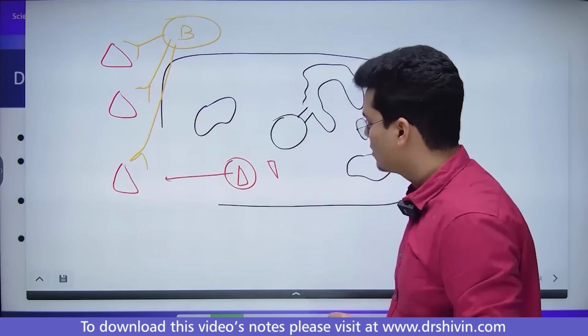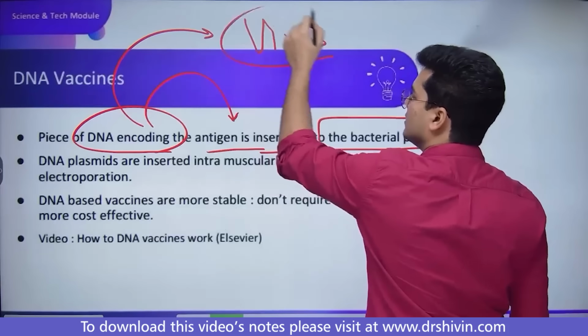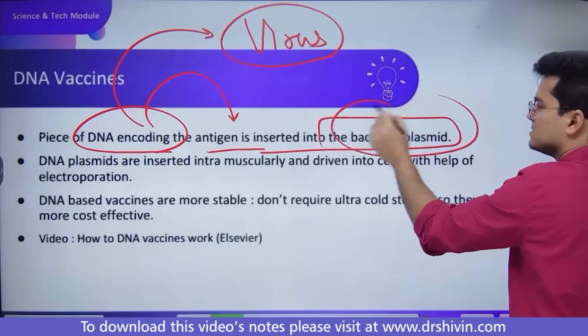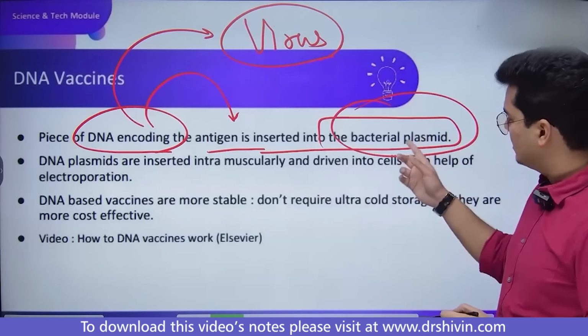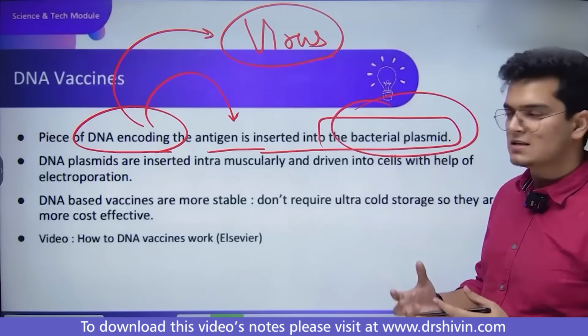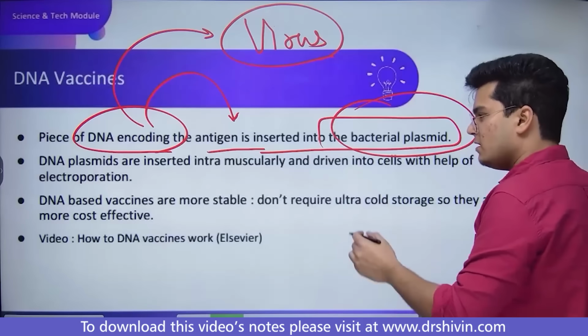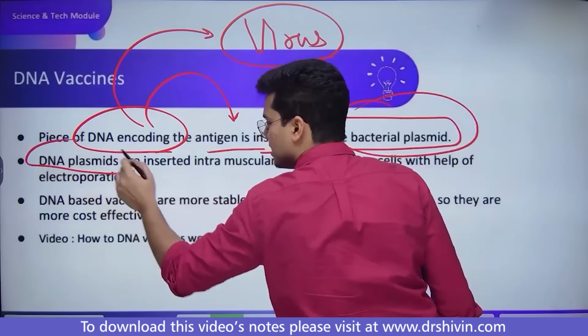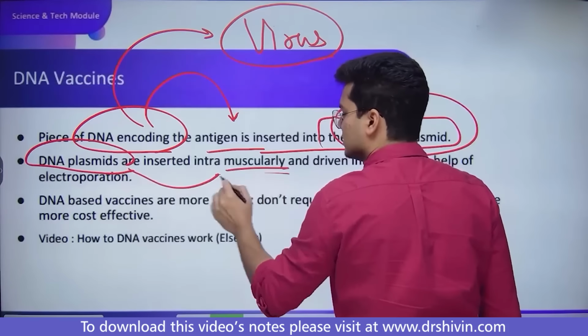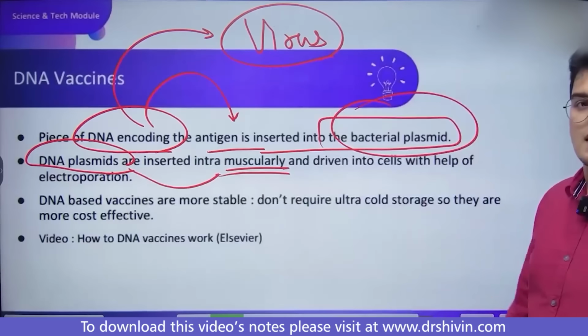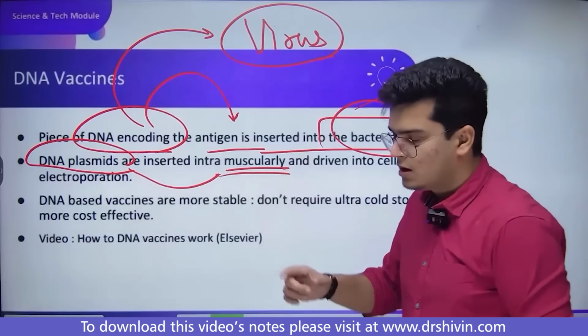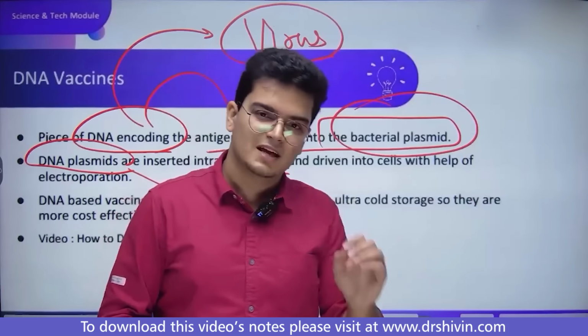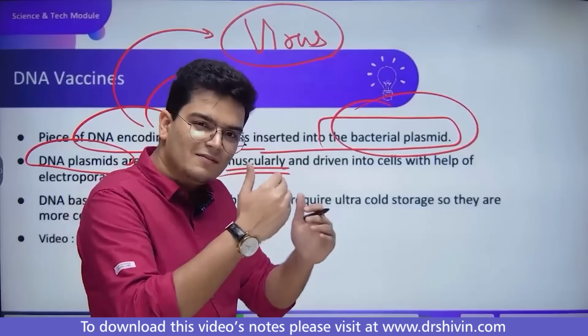Okay, now the vector that I can use is either some virus, or the other vector we have read about is the bacterial plasmid. So then what we are doing, we are taking the DNA plasmid, we insert it into the muscle. Now I have told you that the plasma membrane or the cell membrane is selectively permeable.